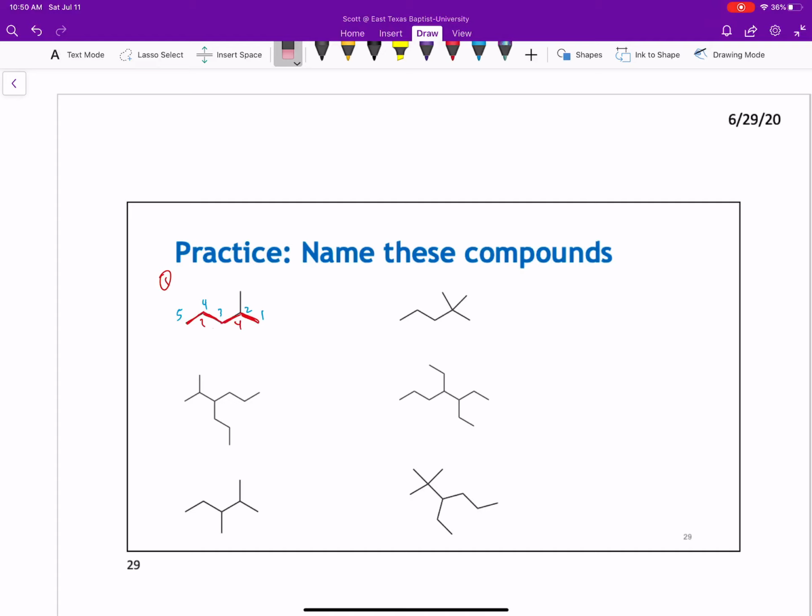Okay. So the way I like to do these is I like to piece it together, then add the puzzle pieces together, okay? So what we have is a 5-carbon chain, which we will call a pentane. That's the 1 through 5 numbering, and we see at carbon 2 we have a methyl. So there'll be a 2-methyl. That is a CH3, by the way, right there. It's the end of a line.